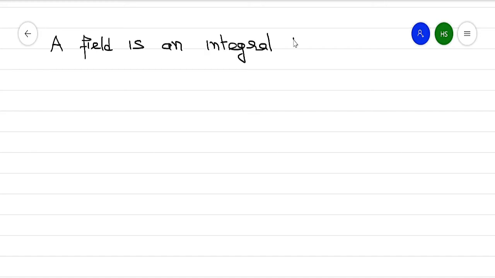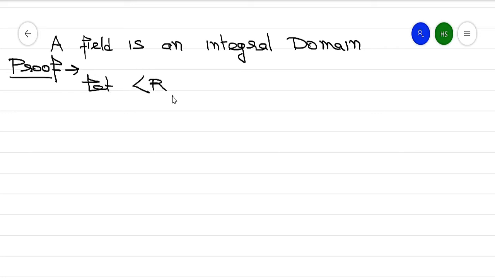So, what is the given part? The given part is a field. Now, let this system R with plus and multiplication be a field.